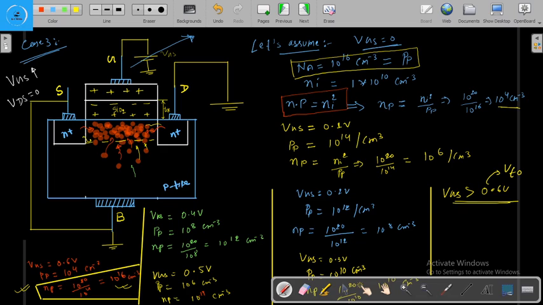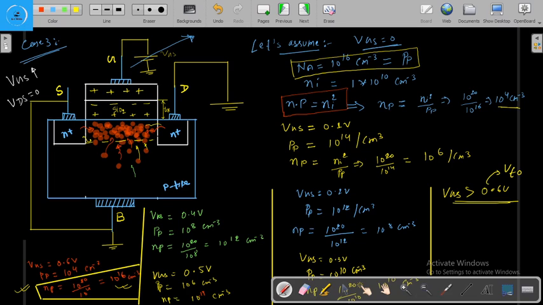So when we increase the gate voltage beyond this VT naught, a large number of free electrons will be present here near the SiO2, silicon dioxide surface.